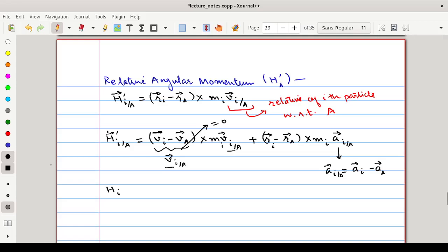Therefore Hi slash A prime dot is equal to Ri minus RA cross Mi ai, minus Ri minus RA cross Mi aA.